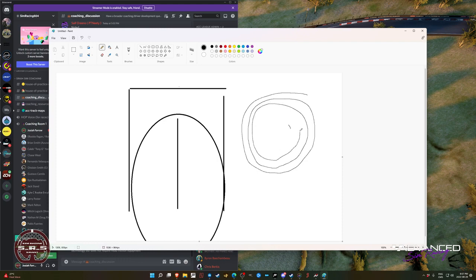You can even test this in the parking lot if you don't believe me, but as you slow down, you end up being able to rotate the car more and more. So, to take this into this example, if you're braking here and slowing down the whole way through this arc, obviously at the apex you're going to be able to turn the car way more than you were able to here, right?